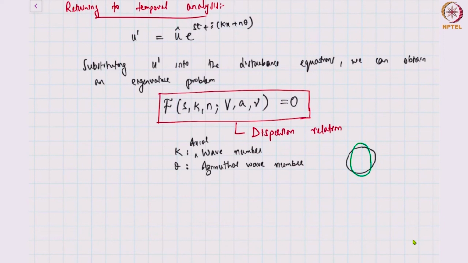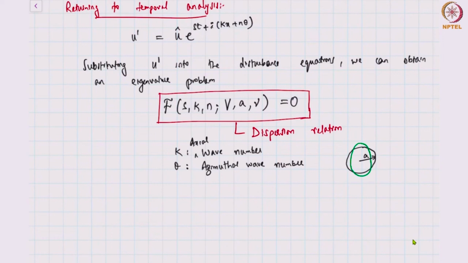This is my perturbation. I can imagine a jet, and this could be the original radius of the jet, let's say A, and I'm perturbing the radius of the jet. So the jet becomes a little elliptical shape or any other shape that I want. But the jet has to close itself. Therefore, in the theta direction, these wave numbers are integers.